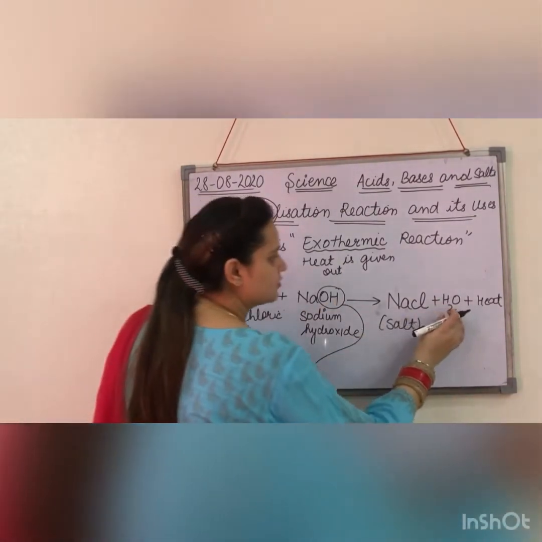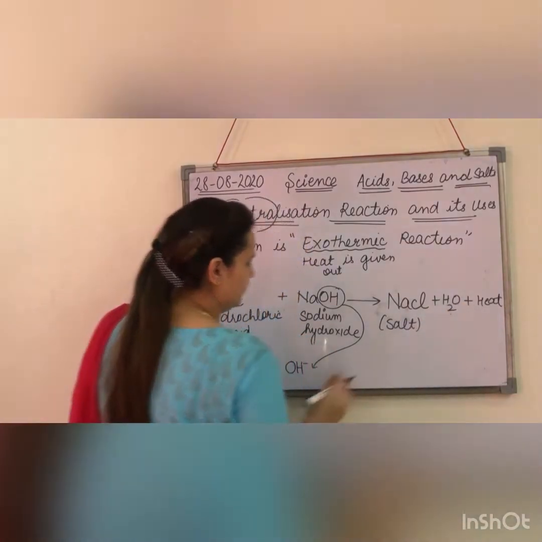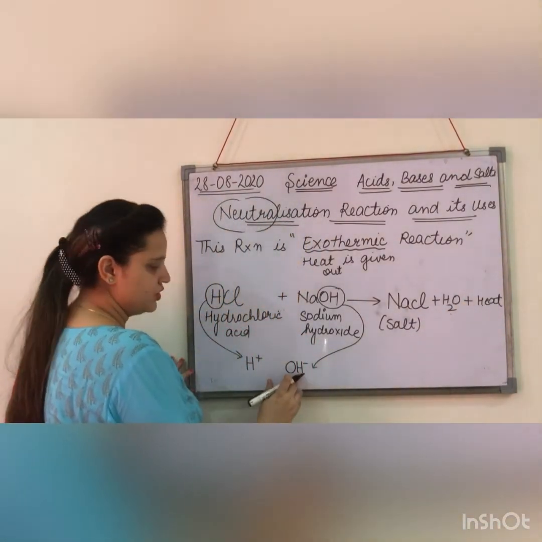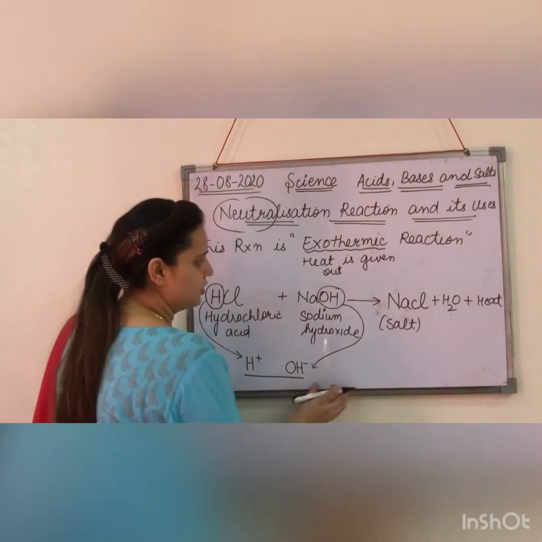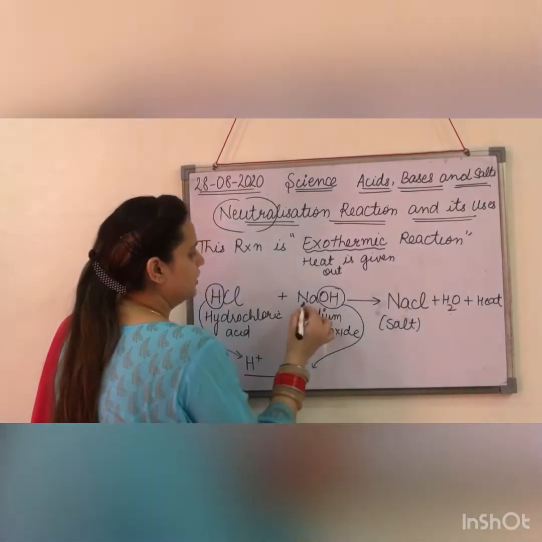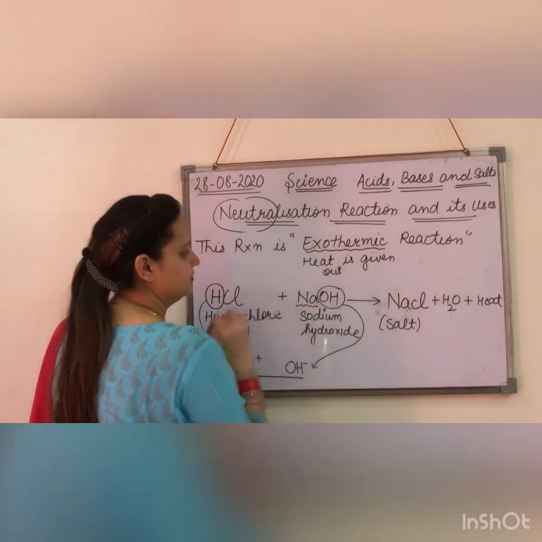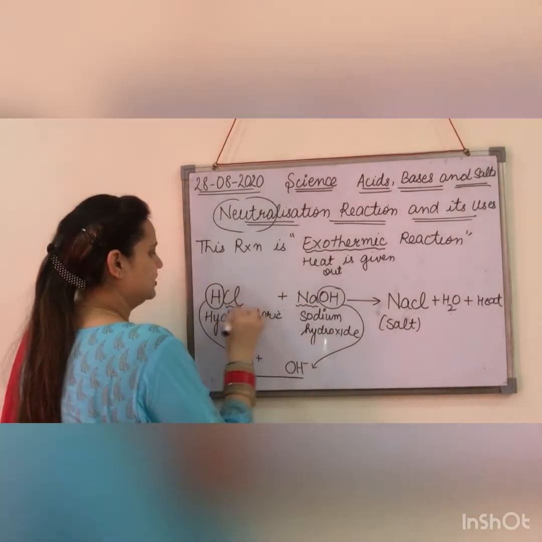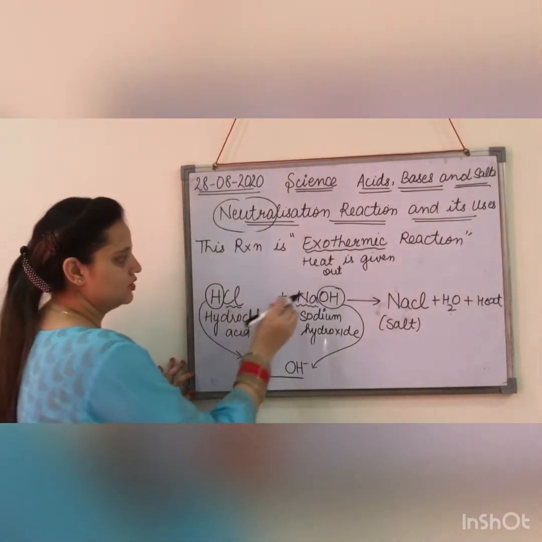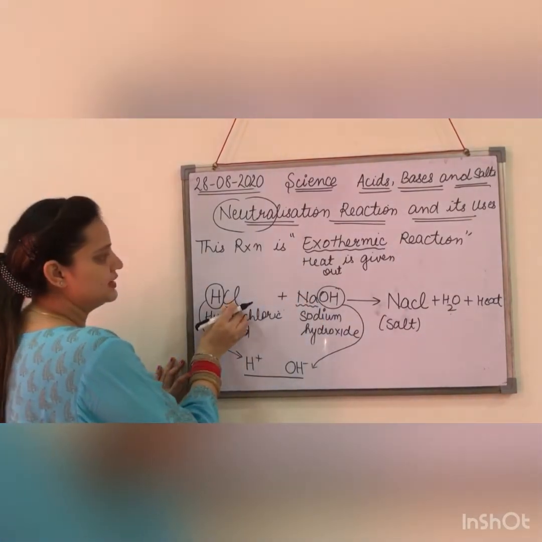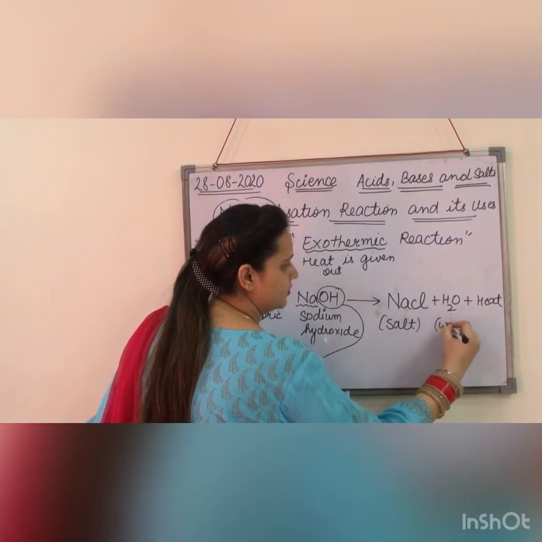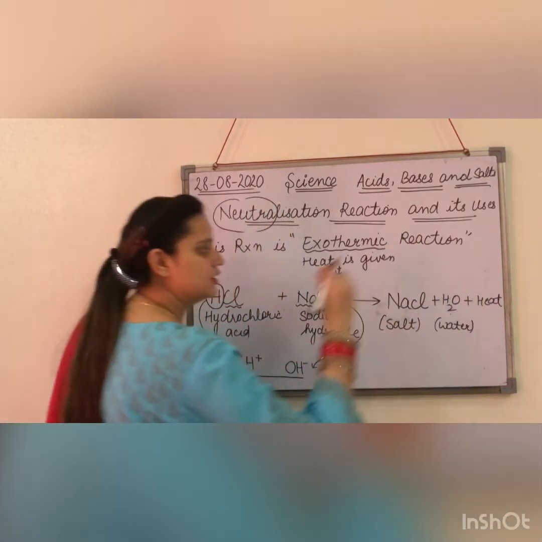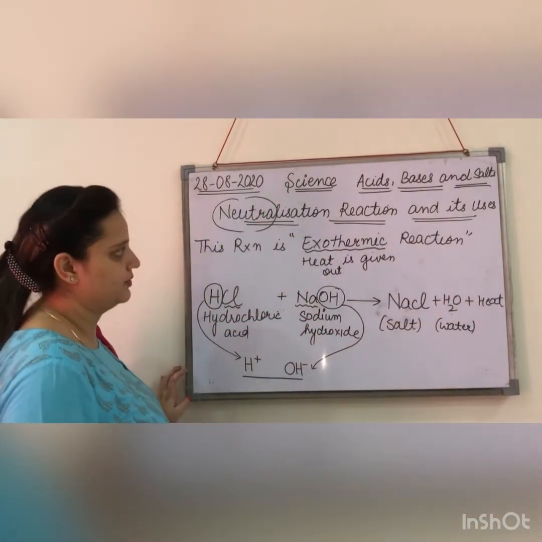And we know what water is, H2O. So this H positive and OH negative ion give you water. We are left with Na and Cl, and they combine to give you salt. So salt, water and heat are liberated in this reaction.